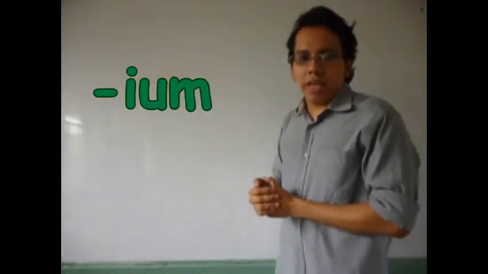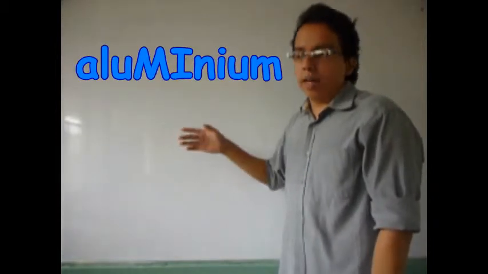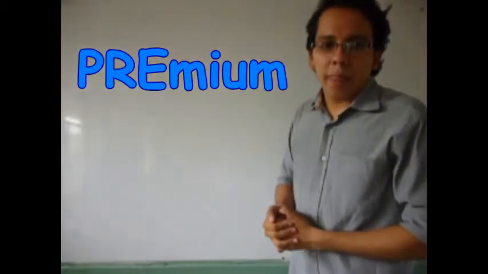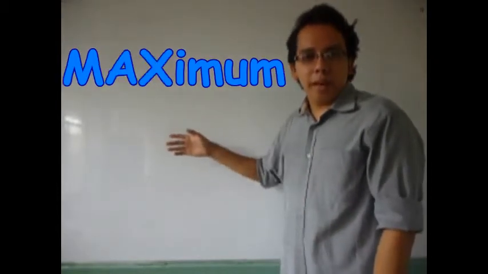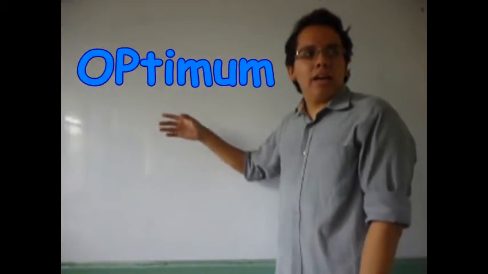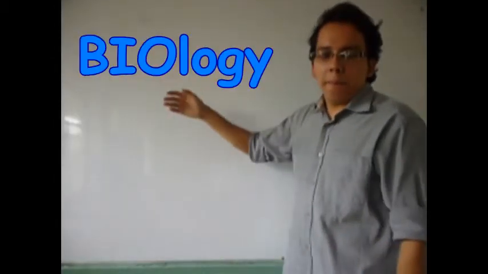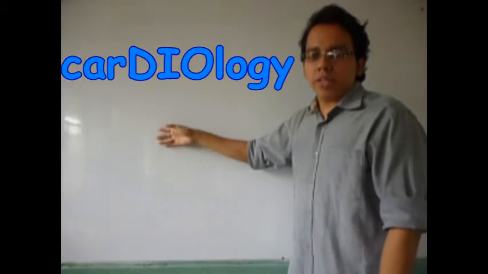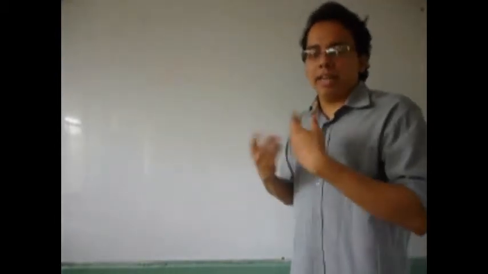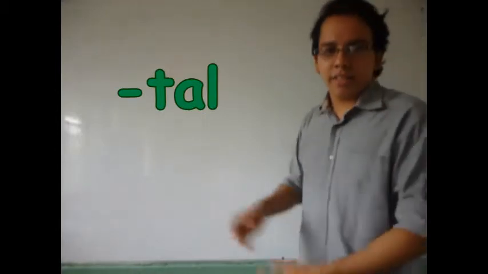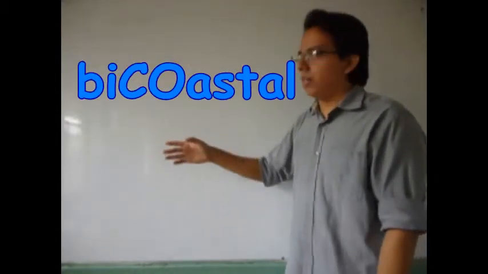The suffix "ium," helium, aluminum, and premium. With the suffix "imum," minimum, maximum, and optimum. With the suffix "logy," biology, cardiology, and radiology. And the last with the suffix "tal," capital, bicostal, and recital.